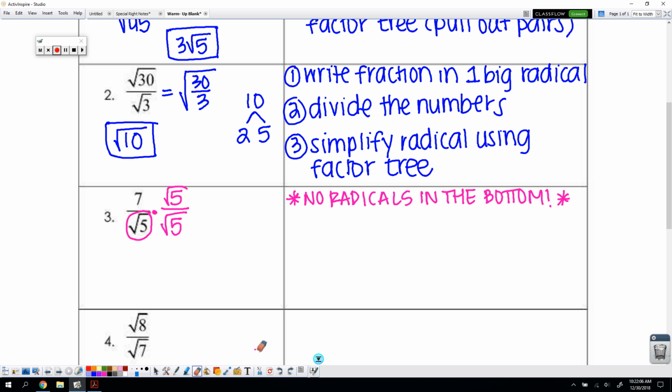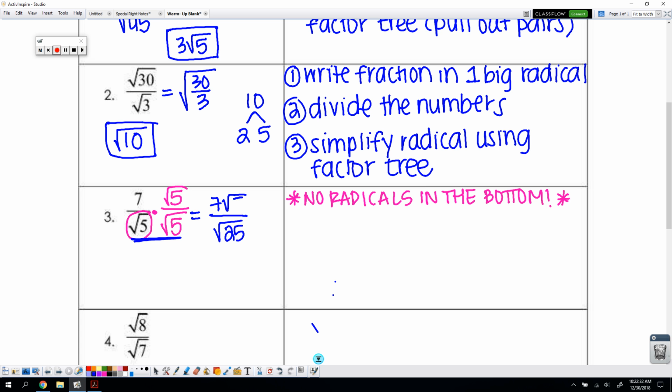Well, as you remember, in problem number 1, we said that when you have two things in radicals, you can multiply them together. So this becomes the square root of 25. Now on the top, we have 7, which is on the outside, and 5, which is on the inside of the radical. So they do not go together.